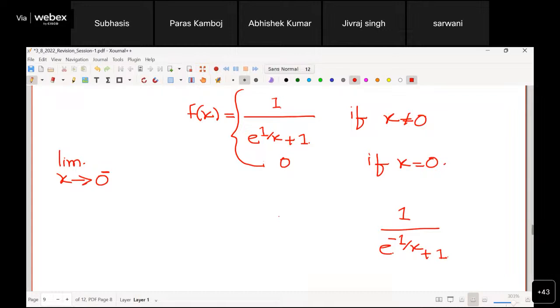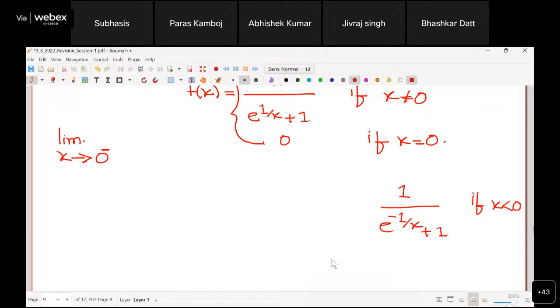Why less than 0? Suppose x is minus 2. If x is minus 2, this is less than 0, right?